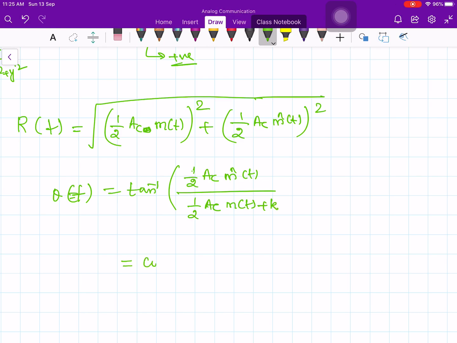So you can write cot inverse of 1 by 2 AC m of t plus k, whole divided by 1 by 2 AC m cap of t.